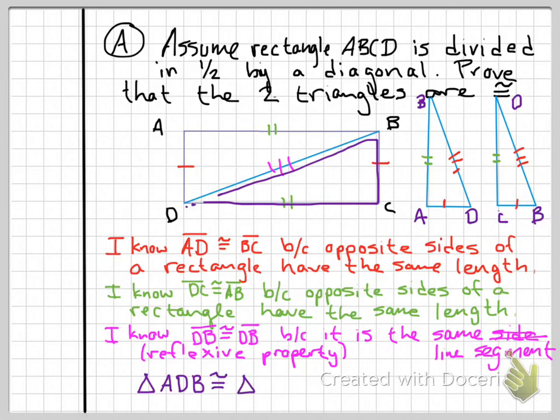Triangle ADB is congruent to triangle CBD because all three sides are congruent. Or, in other words, side, side, side. And that's our first proof of triangle congruence by side, side, side.